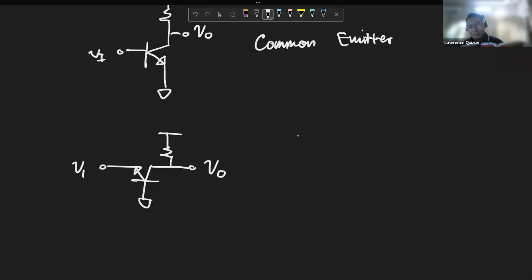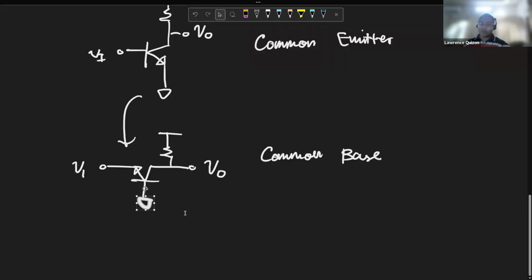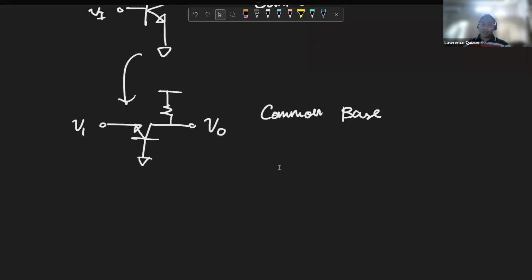Again, it is left as an exercise to the reader to know why we call it common base. Okay, never mind. The base is at ground, right? The base is common to both the input and the output. That's the fact that makes it common base.